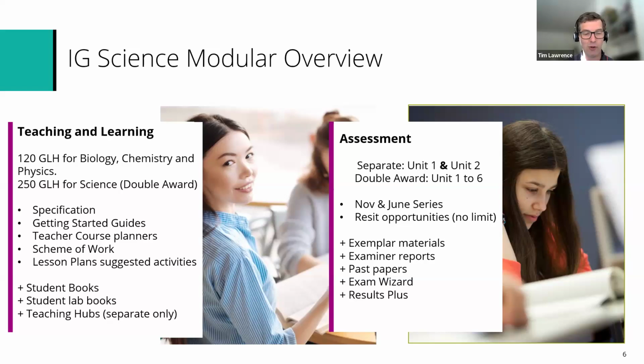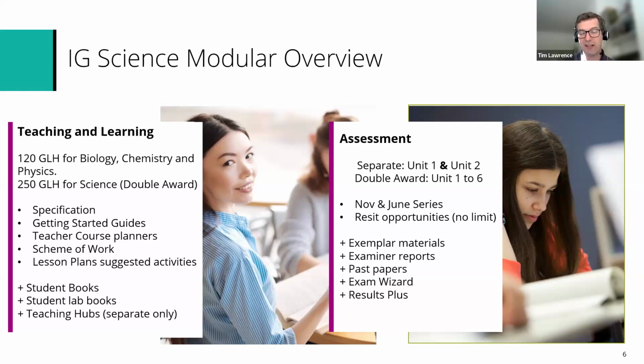You may well have a rule that they need to study all three sciences, as we do in most schools in the UK. But you may not, and you may simply be able to enter students for biology without the other sciences, or biology and chemistry without physics. So I'll call these separate sciences, but then we also, as you may know, have this double award qualification. It should take about twice as many teaching hours as the biology.